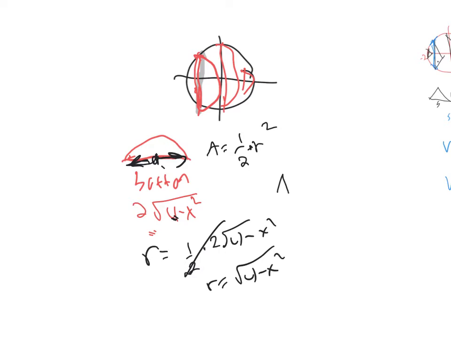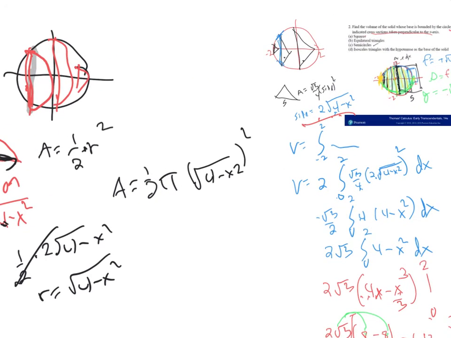So my area now is equal to 1/2, because I'm not doing the full circle, 1/2 pi times the square root of 4 minus x squared all squared. That turns into pi over 2 times 4 minus x squared. Because when you square the square root, it goes away. So there's my area formula.